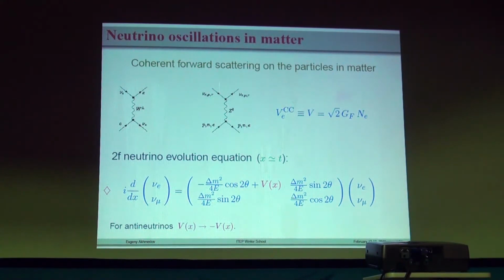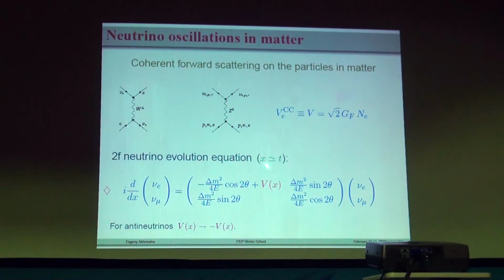Because of this, we can ignore completely the neutral current contribution to the neutrino potential. It is there, but it doesn't affect neutrino oscillations. So we can forget about it and only consider the charged current contribution. And this charged current contribution turns out to be simply given by square root of 2 times the Fermi constant times the number density of electrons in matter. And in my previous lecture, I think I discussed the evolution equation for two-flavor neutrinos in vacuum, and it was given by this expression except for this term. Okay?